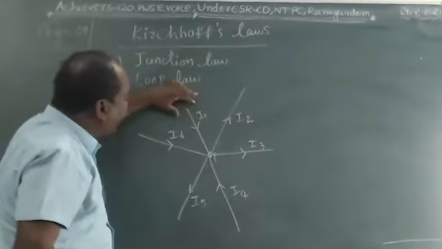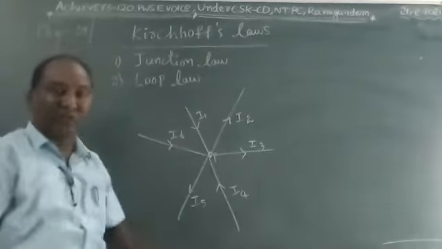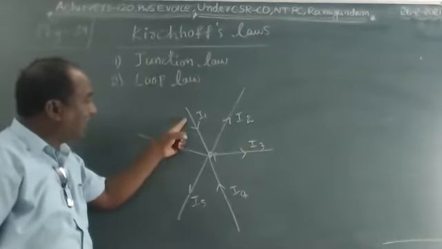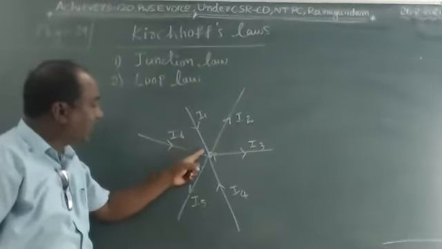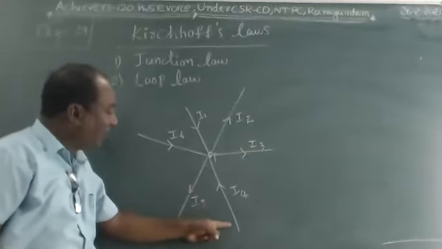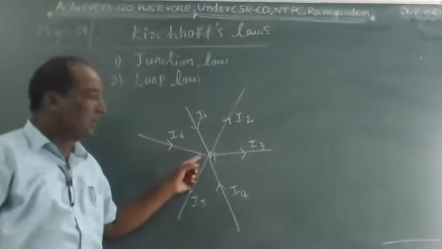The incoming current means the direction which moves towards the junction. Observe this diagram, children, you can easily understand. Here I1 moves towards the junction, I4 moves towards the junction, and I6 moves towards the junction.